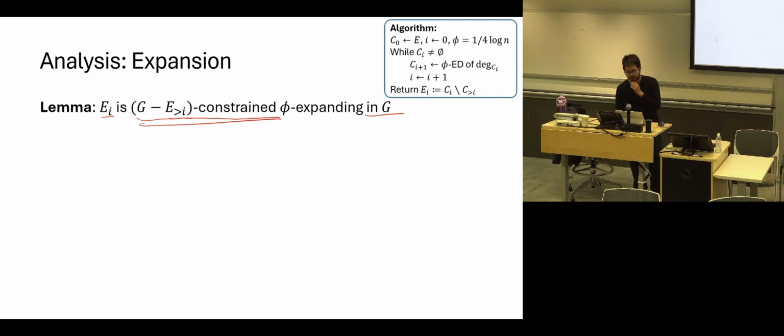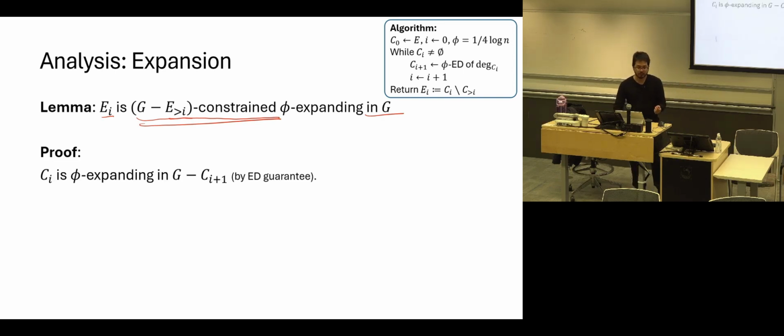Okay. Let's see the proof. The proof is simple. First, just from the guarantee of expander decomposition when you compute this step, Ci is expanding in G minus Ci plus 1. That's just the guarantee of expander decomposition.